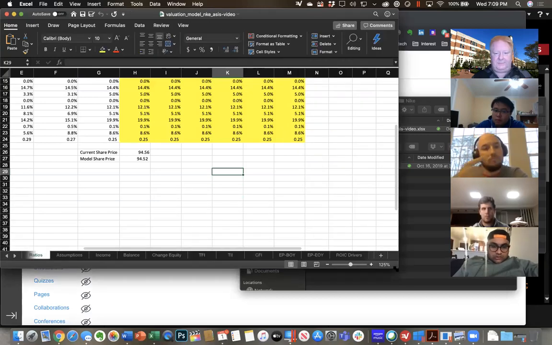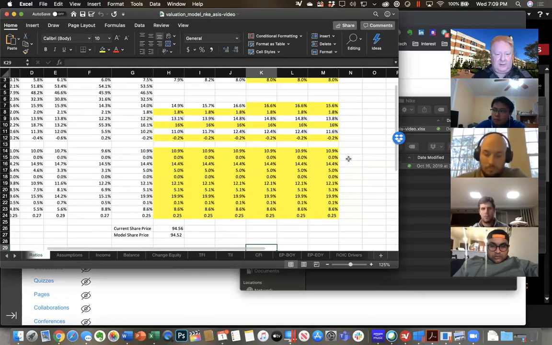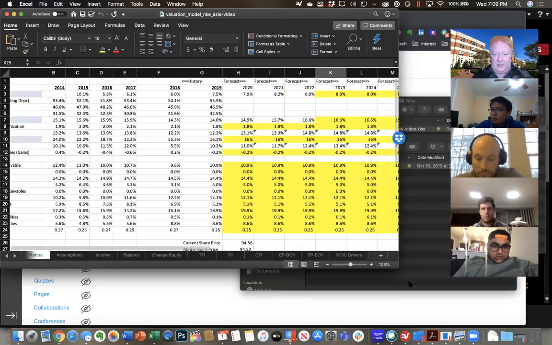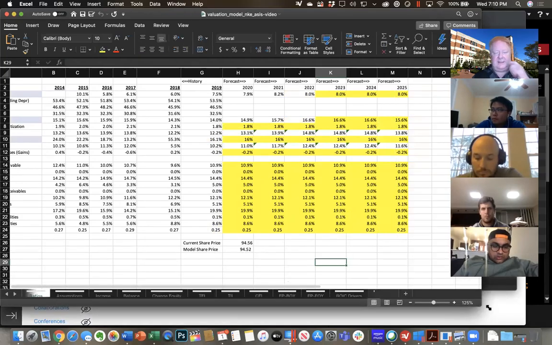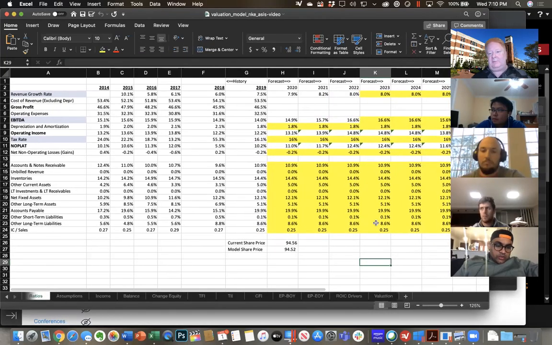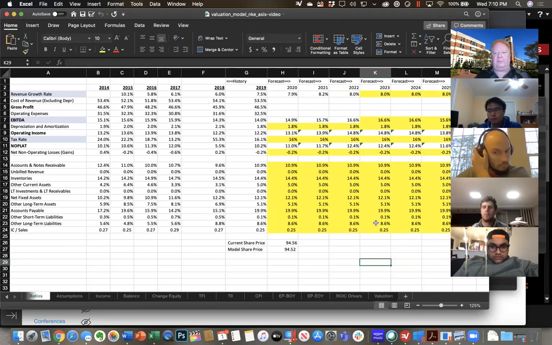All right. So the key here for the as-is valuation, and we're about to update it to April 1st, 2020, is that generally forecasted cash flows should lead to a price. And that's kind of what the model does.